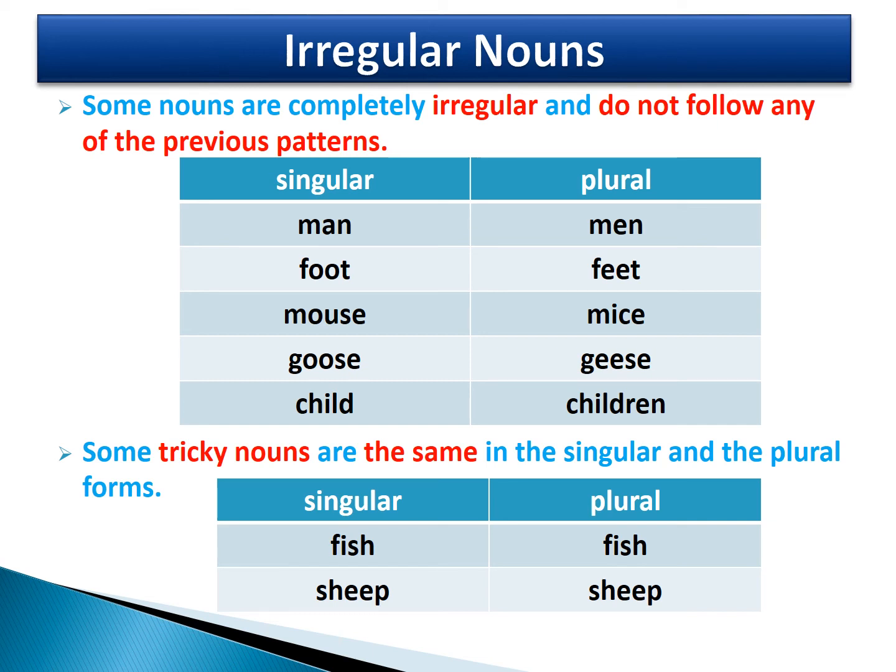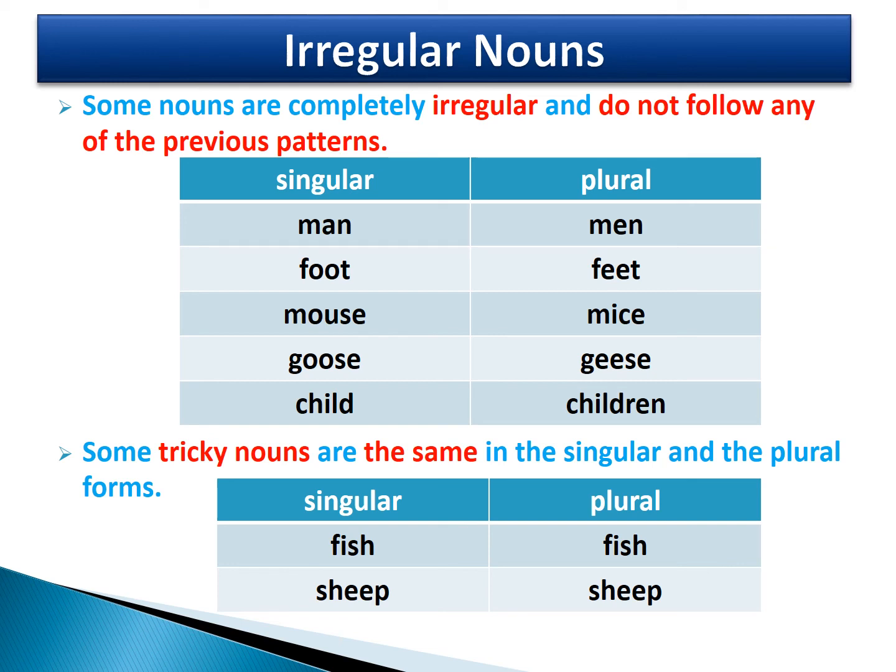And we have a list of these. We take as examples here: foot, feet, mouse, mice, goose, geese, child, children.